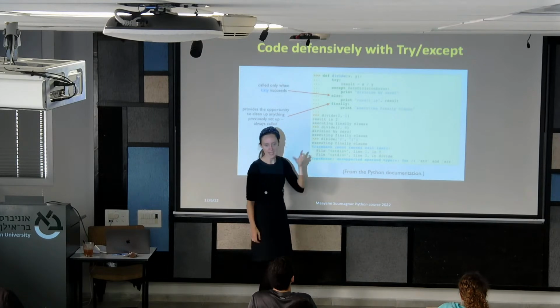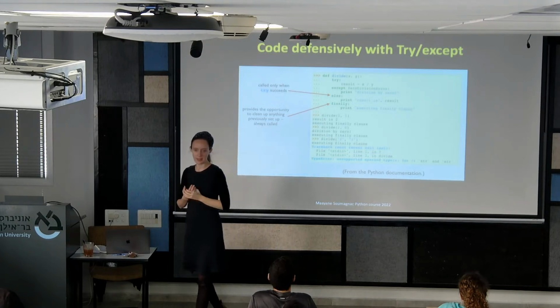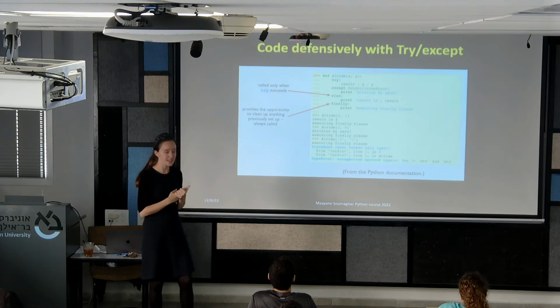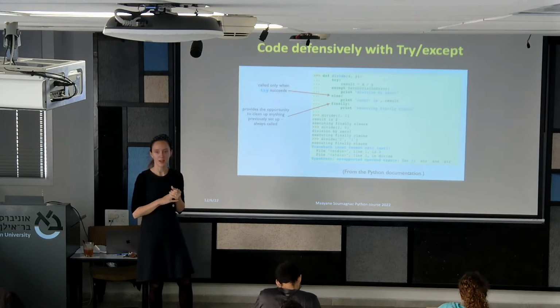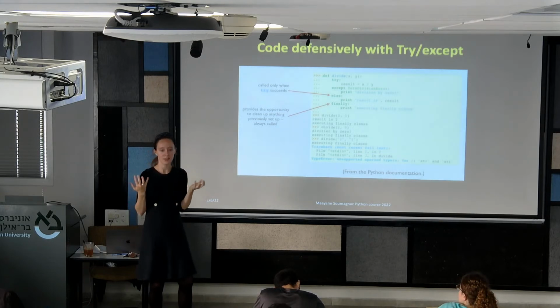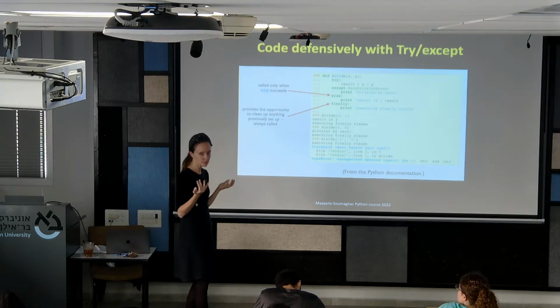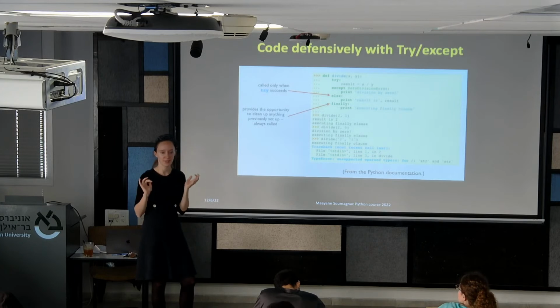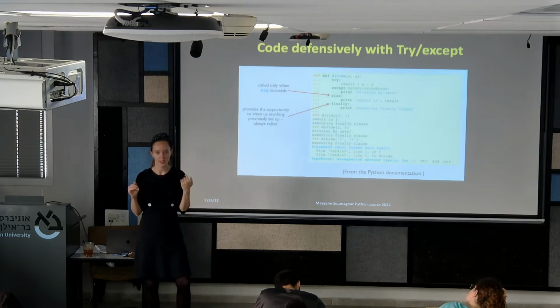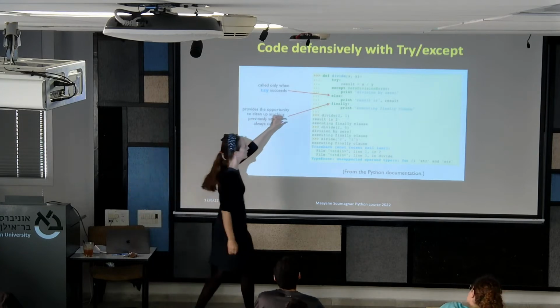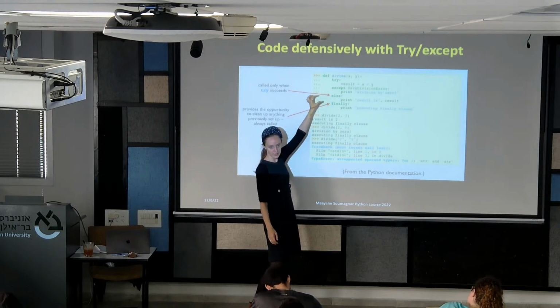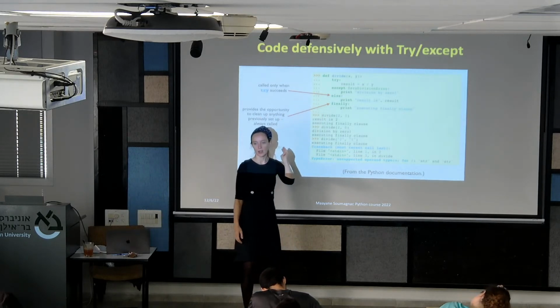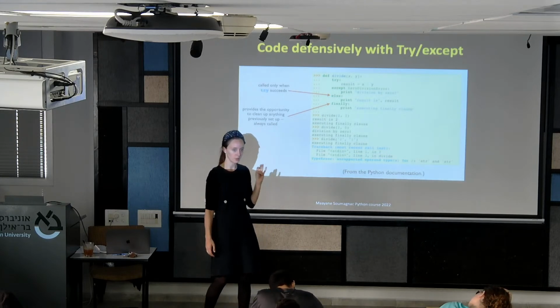Now, these two pieces are a bit less common, but you should know that they exist. The else is whatever you want your code to do if it didn't meet the error. If the error didn't occur, and you want it to tell you, you've made the division fine, then you can add this bit here. And this will happen on the condition that the error has not occurred.